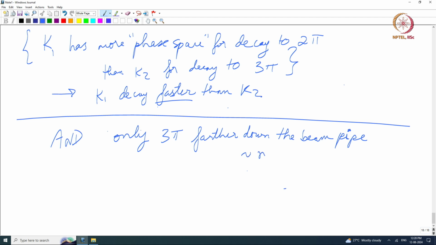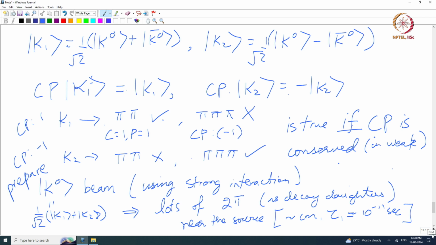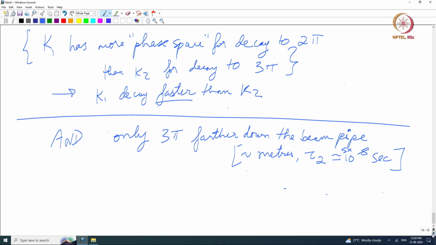How much farther down? This turns out to be an order of meters, because the K2's decay time is 5 times 10 power minus 8 seconds. The K2 decays to the 3 pions like 300 times, or in fact 500 times slower than the K1, correct. 10 power minus 11 versus 5 times 10 power minus 8.